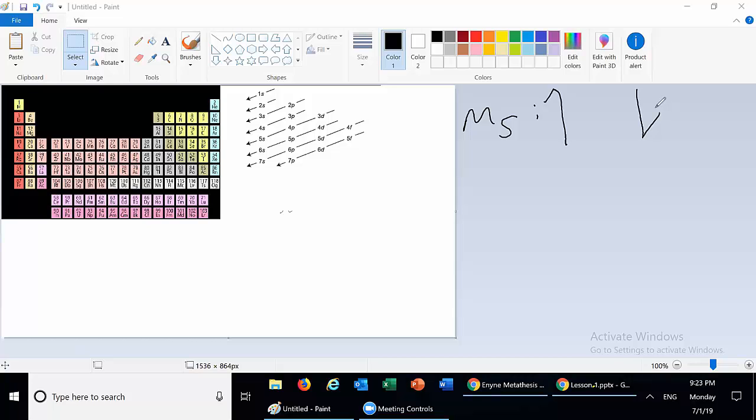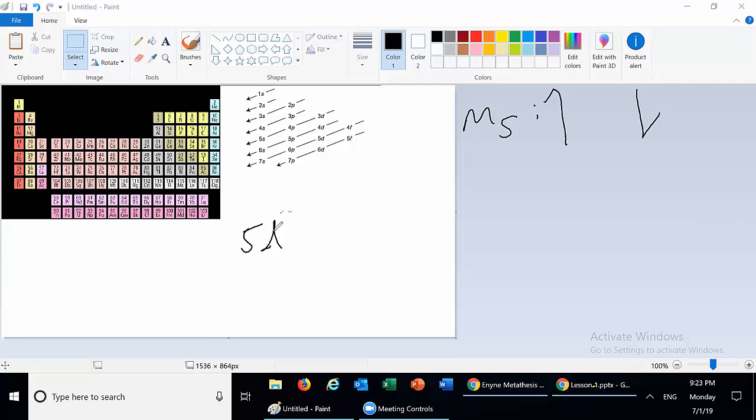The 5d electrons. How many 5d orbitals are there? There are only 5 orbitals and there are 2 spins, so we can fit 10 electrons.